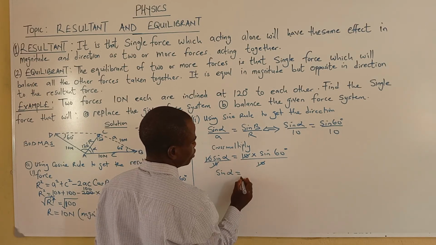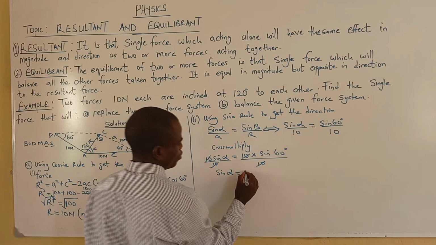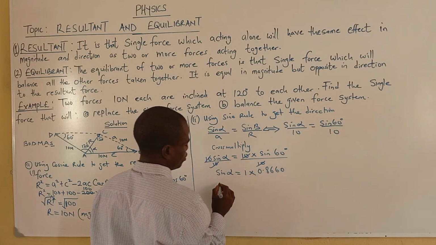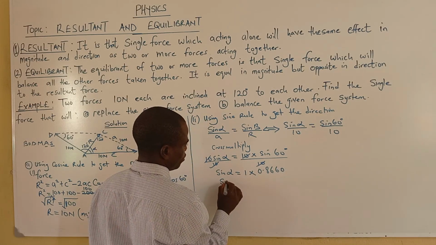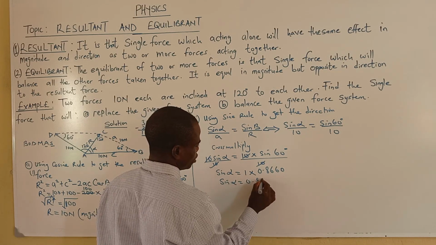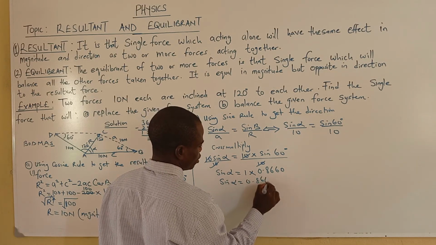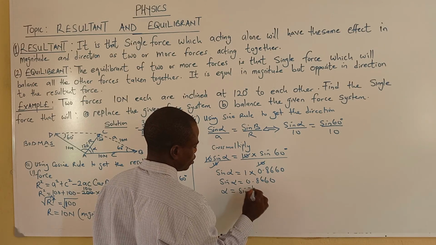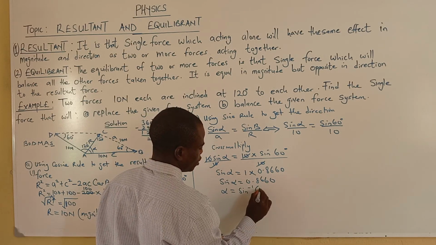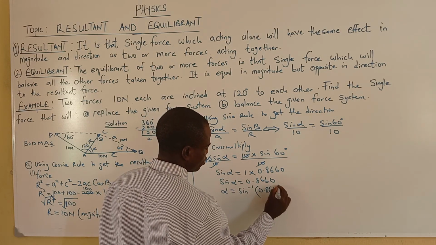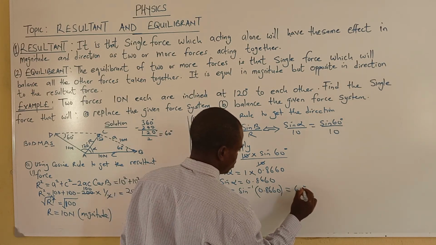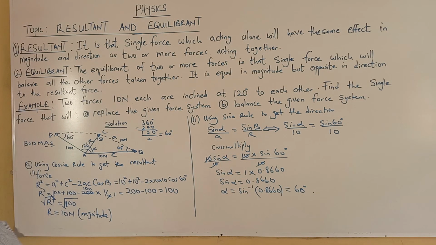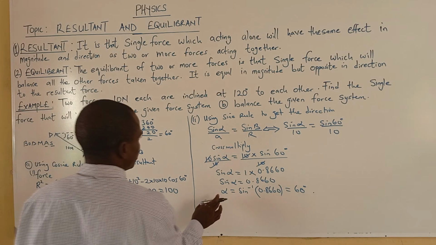Sine alpha equals 1 times sine 60, which is 0.8660. Sine alpha equals 0.8660. Alpha equals sine inverse of 0.8660, which is 60 degrees. Alpha is 60 degrees. That's the angle. We have gotten the direction now.